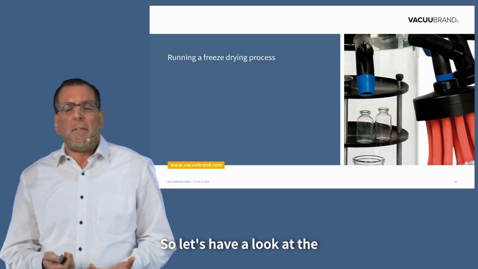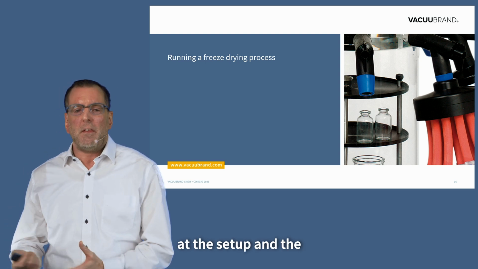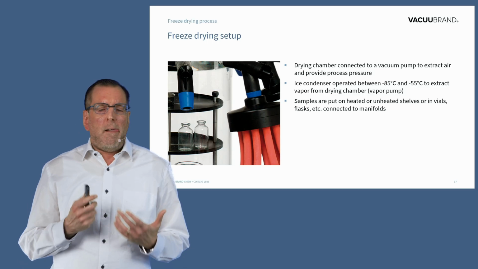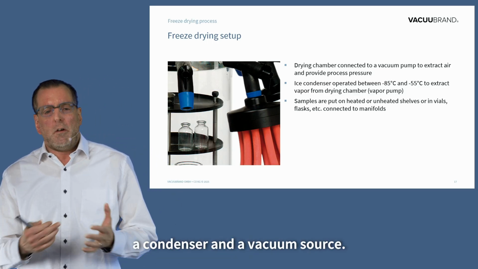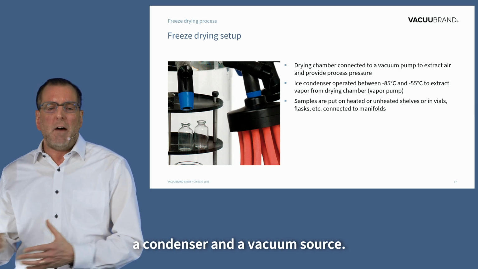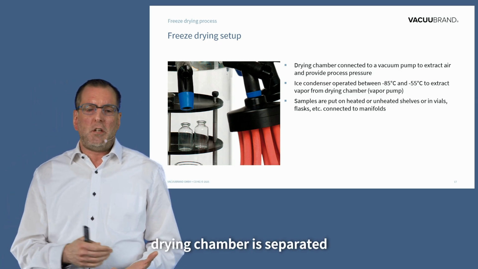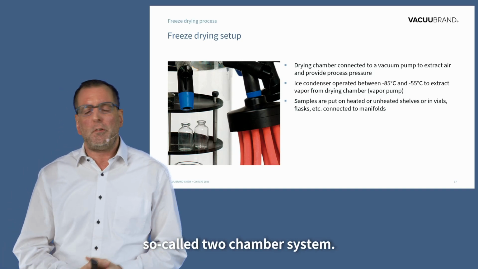So let's have a look at the actual freeze drying system, at the setup and the various process steps. A freeze dryer consists of a drying chamber, a condenser, and a vacuum source. In some cases, the drying chamber is separated from the condenser. That's a so-called 2-chamber system.